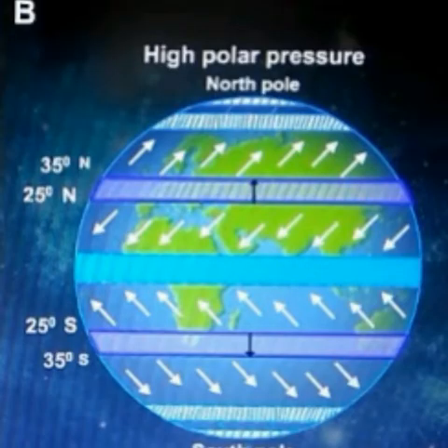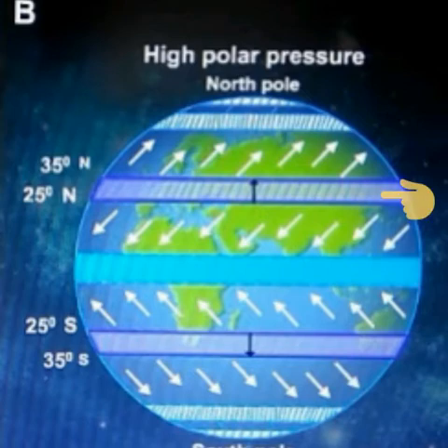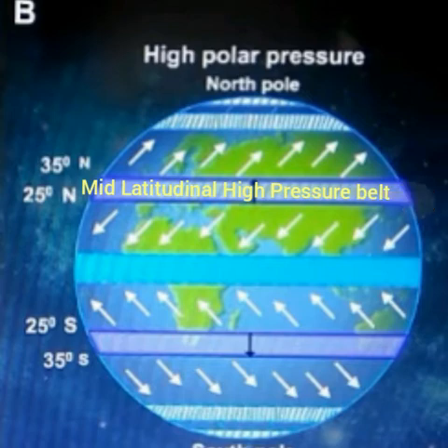Now coming to the next diagram, which shows the pressure belts and the planetary winds. Can you see the blue lines, children? Yes, these blue lines are the pressure belts. At the center, we have the equatorial low pressure belt. If we move towards the north, we can notice the mid-latitudinal high pressure belt.